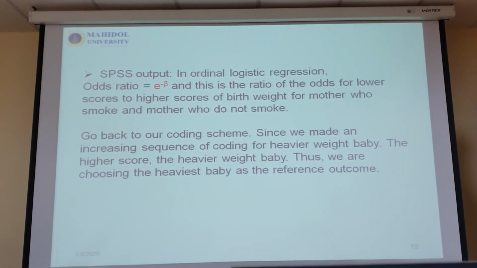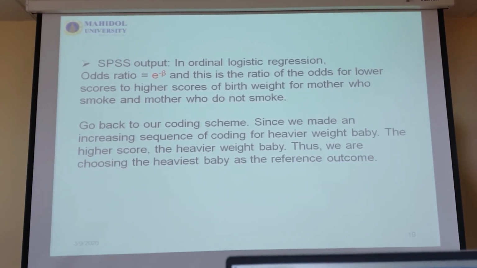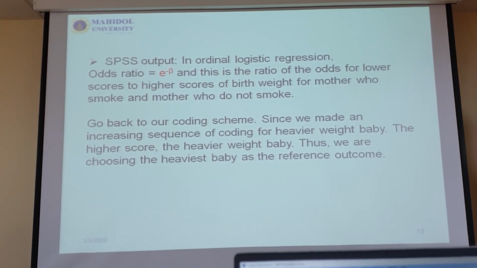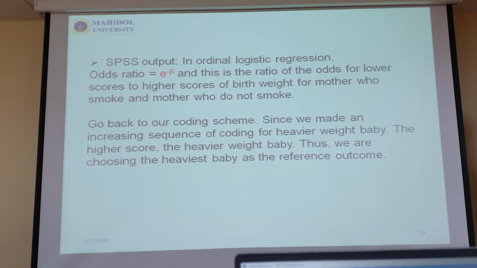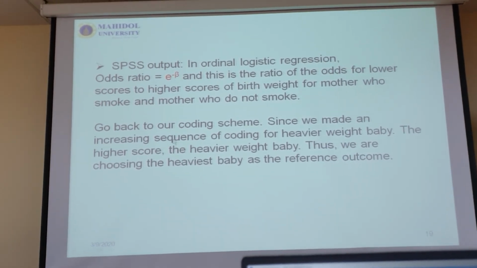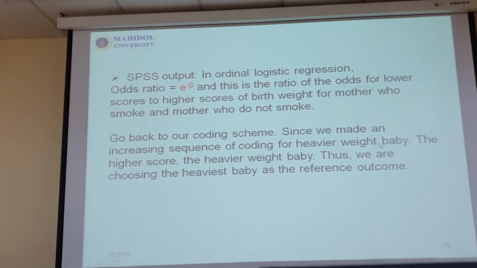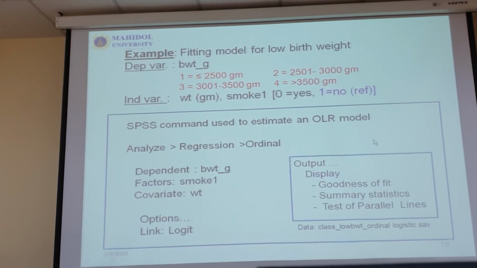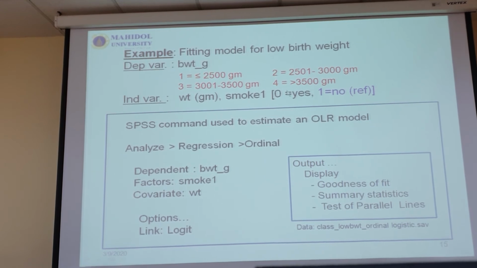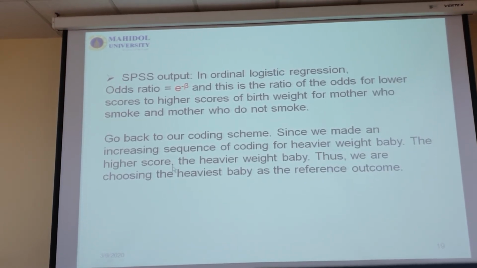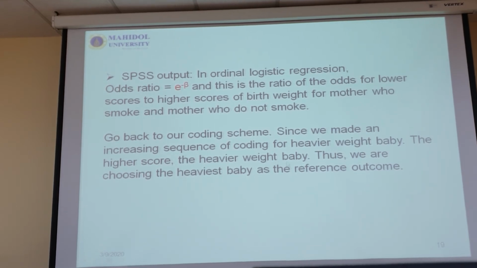Now, before we interpret the odds ratio, we need to go to the coding scheme so we can interpret in the right way. Since we made an increasing sequence of coding for heavier weight baby, the higher the score, the heavier the baby.